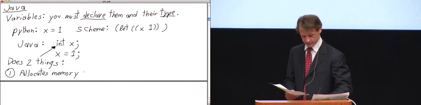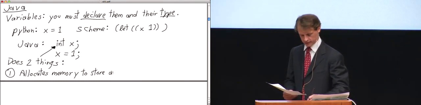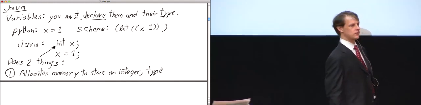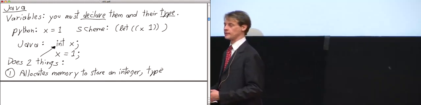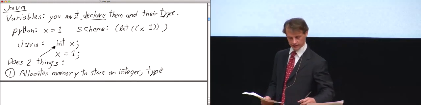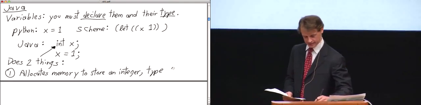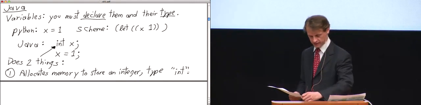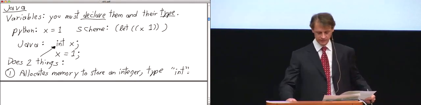And that chunk of memory is big enough to store an integer, but no bigger. And in this case, Java actually has more than one way of storing integers, so we're looking at a particular way of storing an integer called the type int. More about that in another lecture, other kinds of integers.